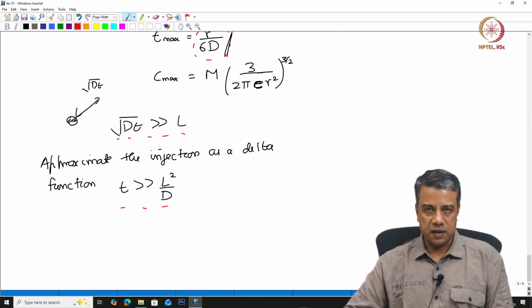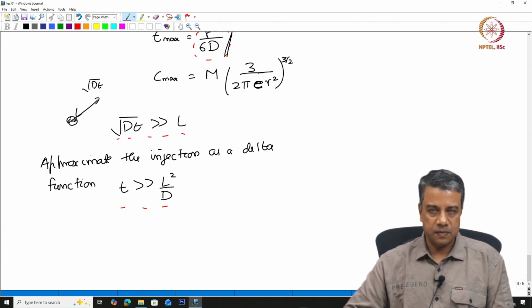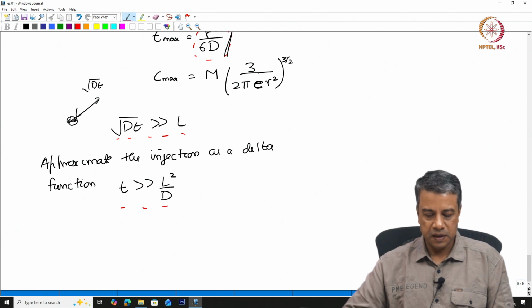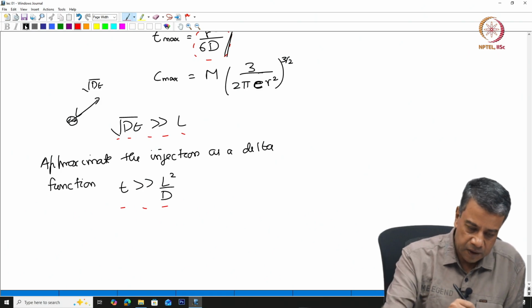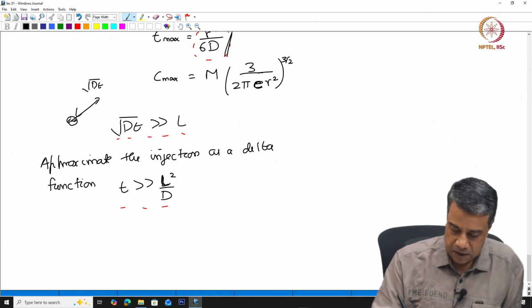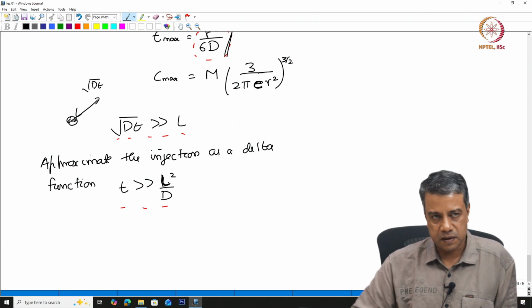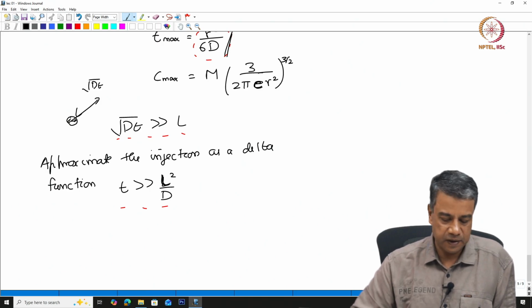However, at long time, when the distance of spread is much larger than the initial extent, you can approximate the initial injection as a delta function, and then this similarity solution applies. So, this is an approximation for long time, when the time is much larger than L square divided by d, where L is the extent of the initial concentration pulse.